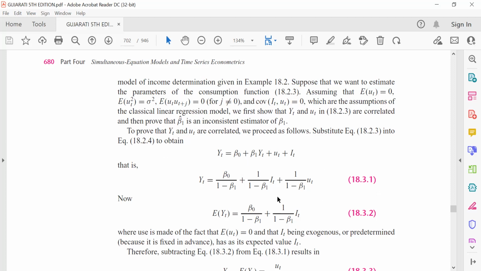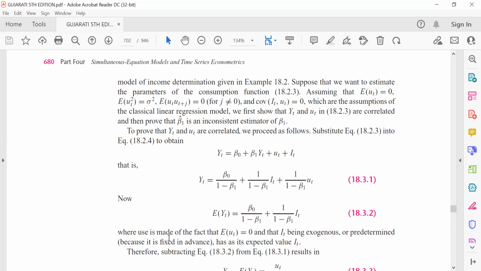So here, we solve this equation. We get this one. This one is a reduced form. Now we have that the expected value of mu t is equal to 0 in the assumptions of the classical linear regression model, It being exogenous or predetermined because it is fixed in advance as an expected value.